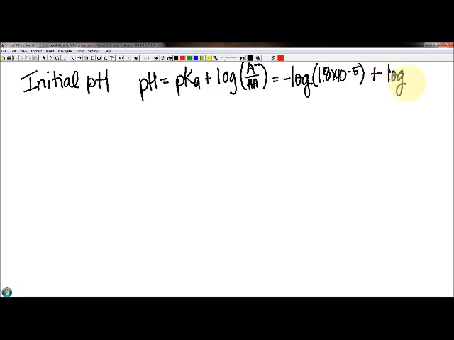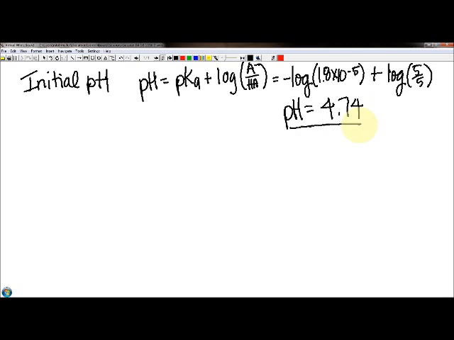Both solutions will cancel out because it's 5 molar acetic acid and 5 molar sodium acetate for solution A, and 0.05 molar for the acetic acid and 0.05 molar for the sodium acetate in solution B. So that ratio is 1 for both solutions, and our initial pH is the same for both. When you solve that out, the initial pH is 4.74. We're going to need this later on.